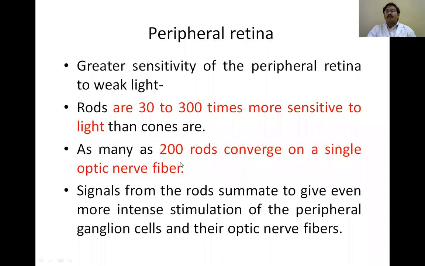And there are 200 rods converging on a single optic nerve fiber. That is another reason the peripheral retina is sensitive even to weak light.